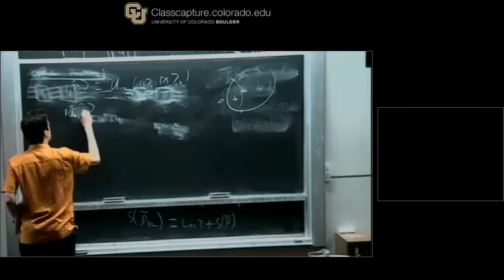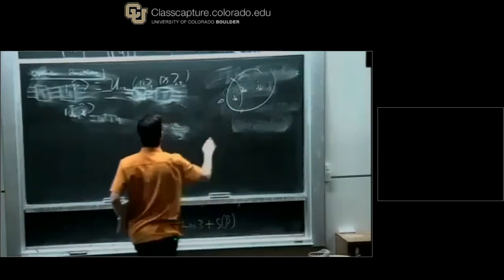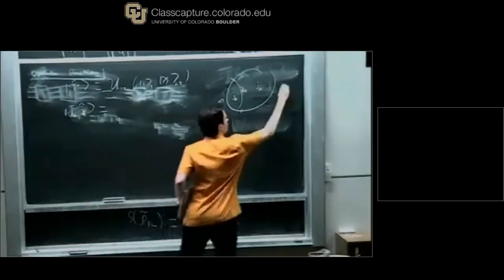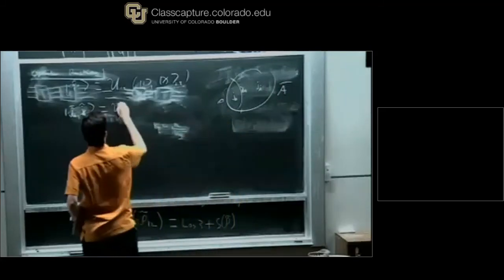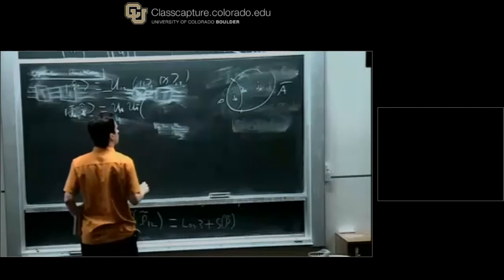So then a complete basis for the code subspace is labeled by what's going on here and what's going on there. And then the analog of this encoding map becomes, so here, let's call this the complement of A, it becomes UA times UA bar acting on something interesting.